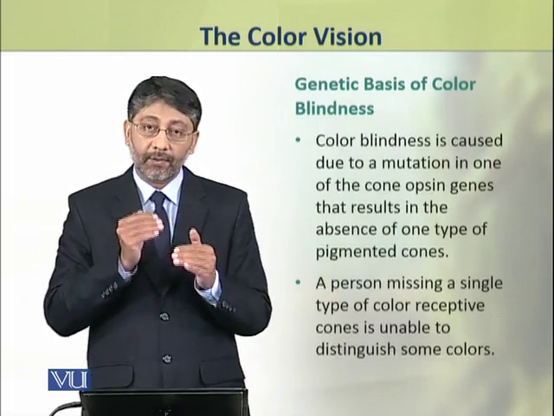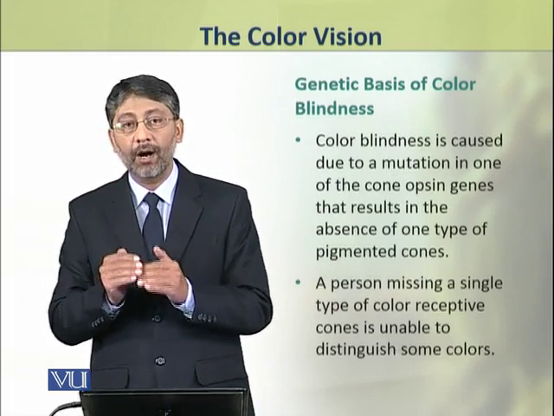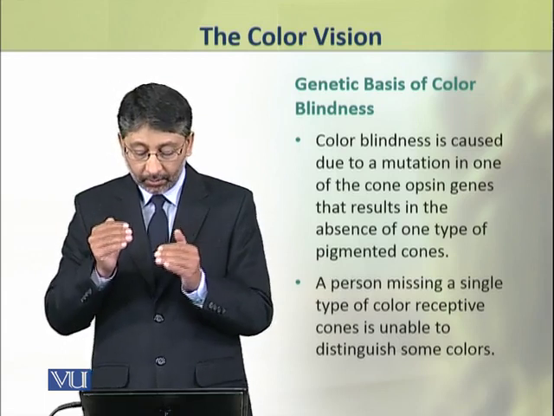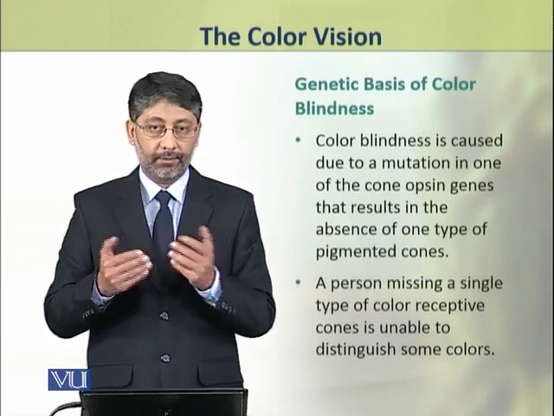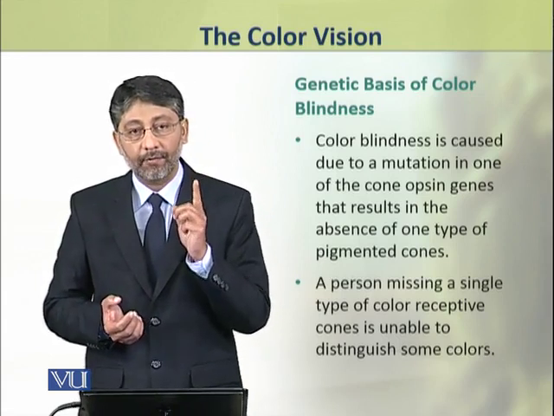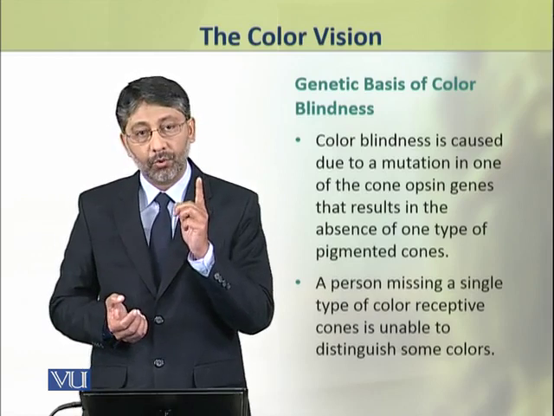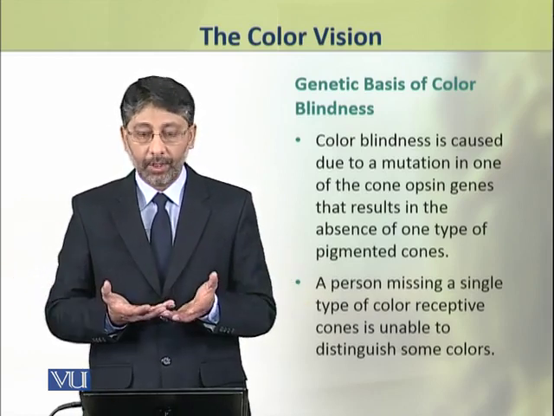Color blindness is caused due to a mutation in one of these cone opsin genes. Results in the absence of one type of pigments in these cone cells. तो एक तरह के cone cells फिर मौजूद नहीं होंगे.